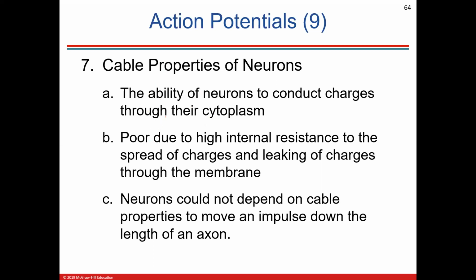Again, this is just talking about the impulse being carried along the axon, right? And it depends on the resistance within the axon, which could be pathological, and the moving of the impulse down the neuron. Remember, if it has myelin, the cable properties of the neuron are going to be very fast and very organized.